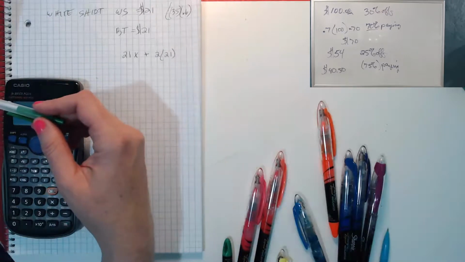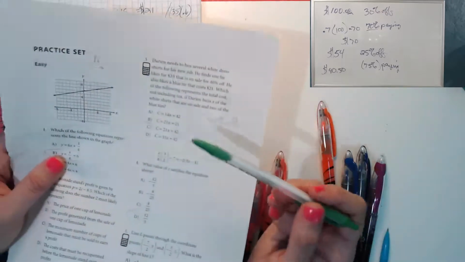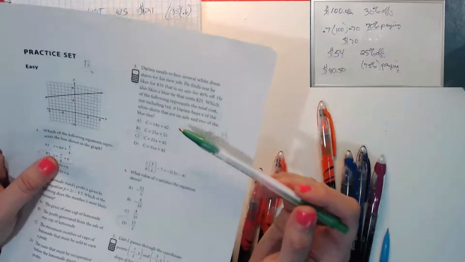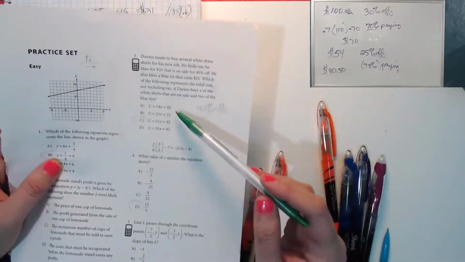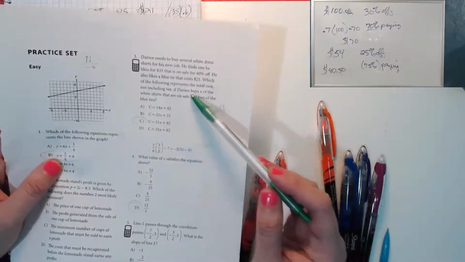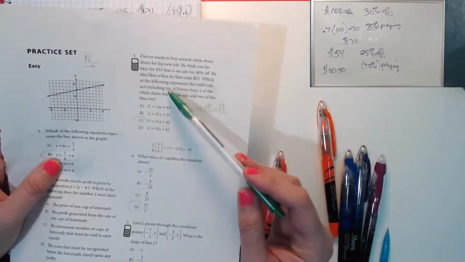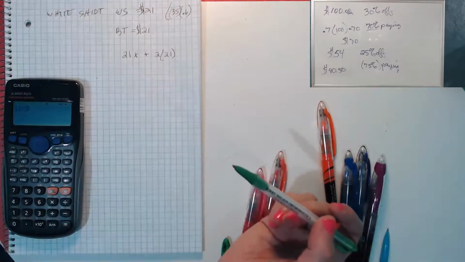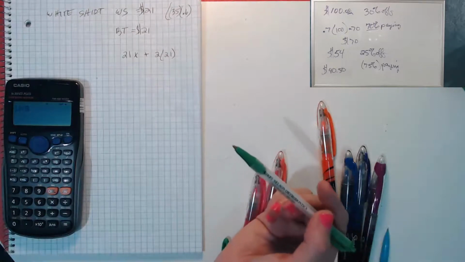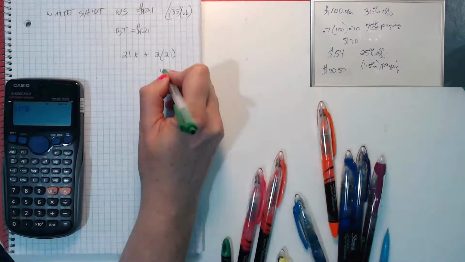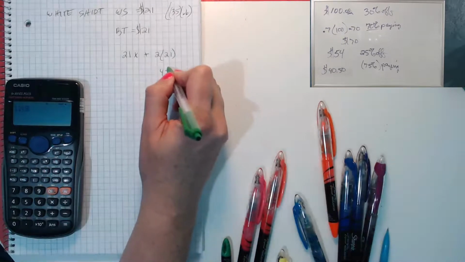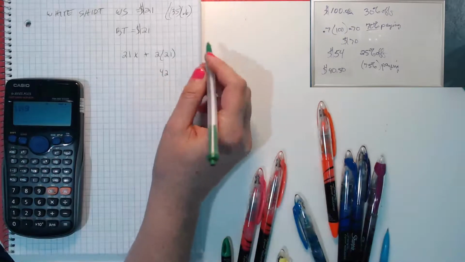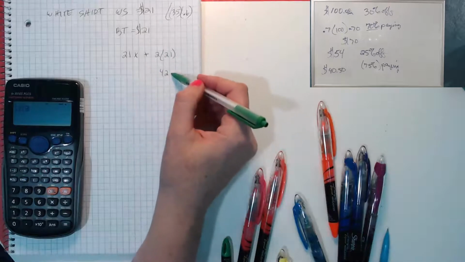How many ties is he going to buy? Buying 2 ties would be double the 21, which would be 42. B is automatically off. Yep, you can already mark off B, so you know it has to have a 42 in the end, right?